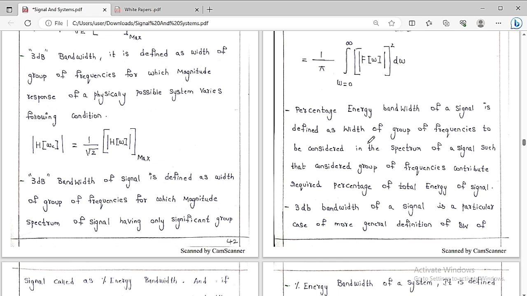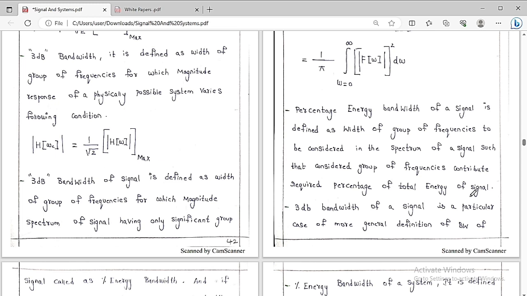Percentage energy bandwidth of a signal is defined as the width of the group of frequencies to be considered in the spectrum of a signal such that the considered group of frequencies contributes the required percentage of the total energy of the signal. So listen carefully. Suppose I want to find only a certain range of bandwidth.